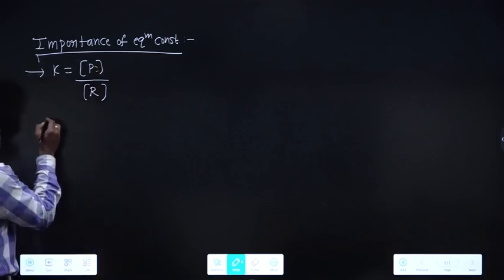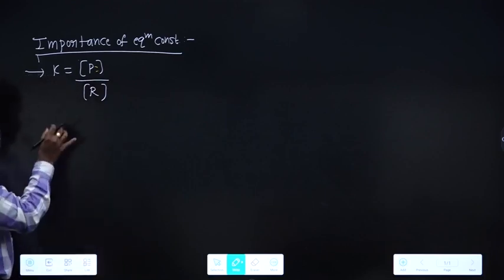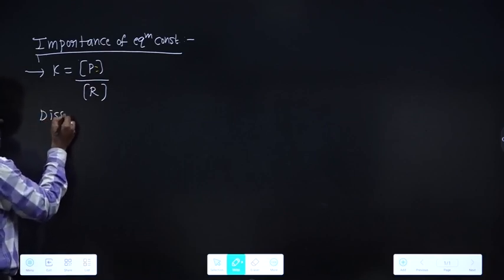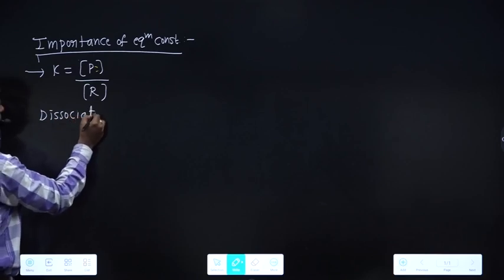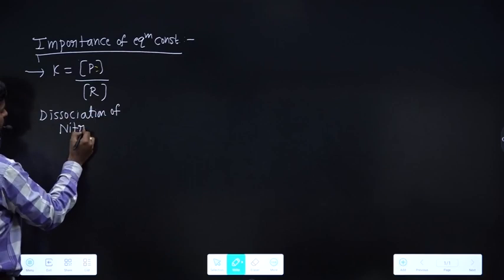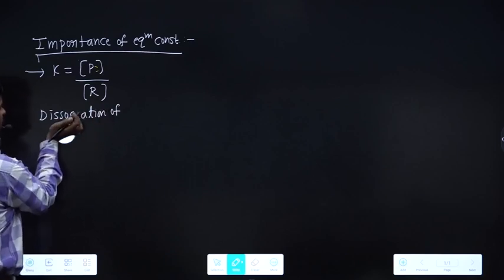For example, I am giving K values for dissociation of various nitrogen oxides, oxides of nitrogen.